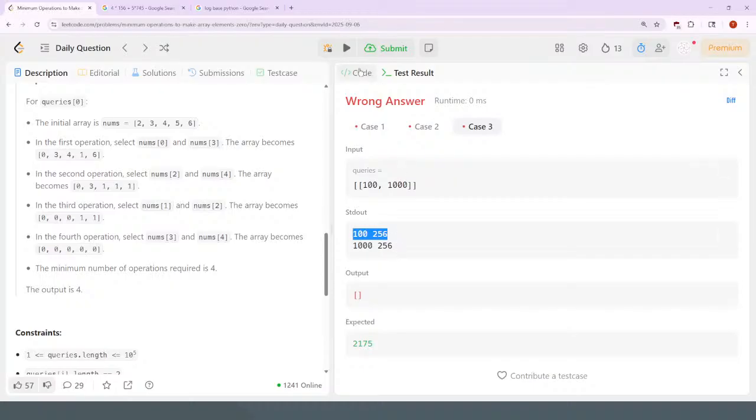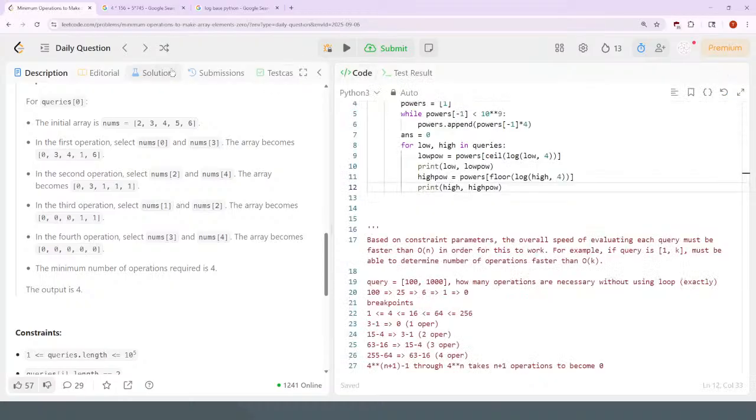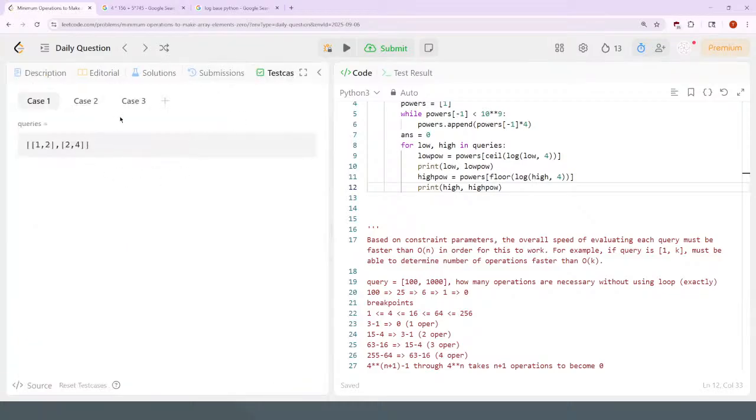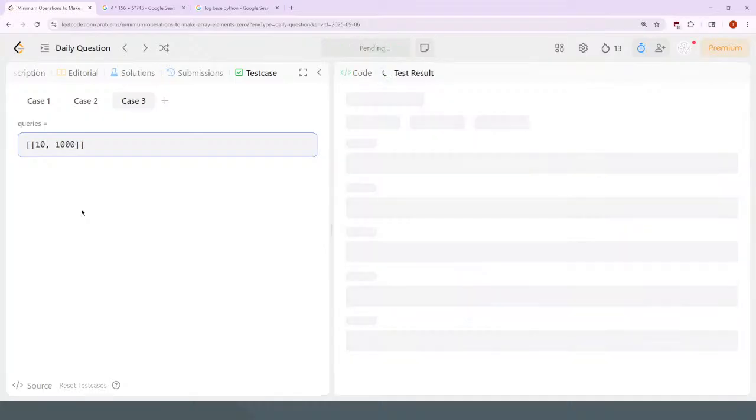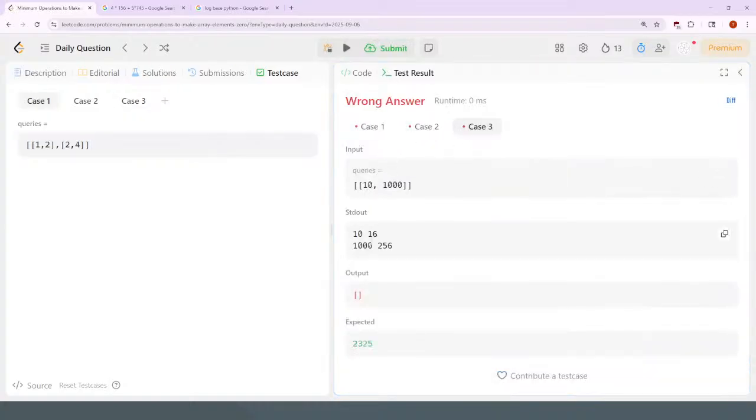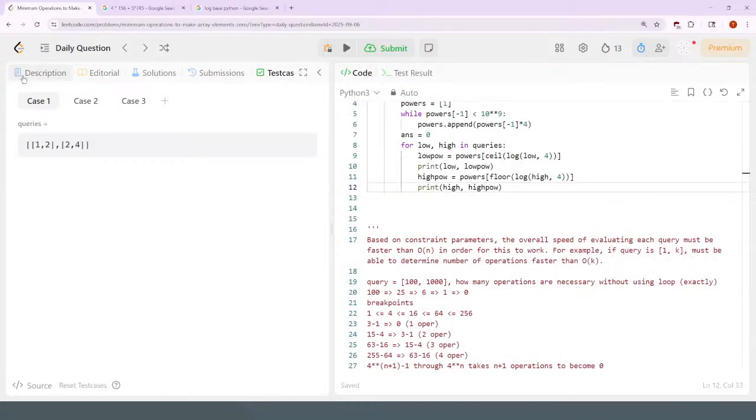Okay, and then if it was something more complicated that crosses multiple powers of 4, let's say it's 10 to 100. So it'd be 16 to 56 is what I'm expecting.